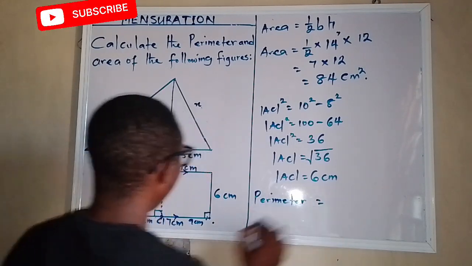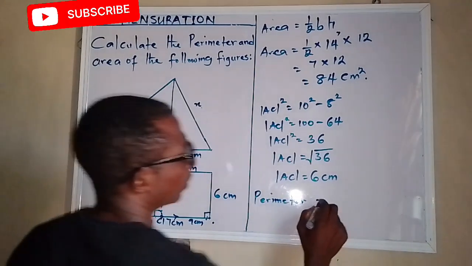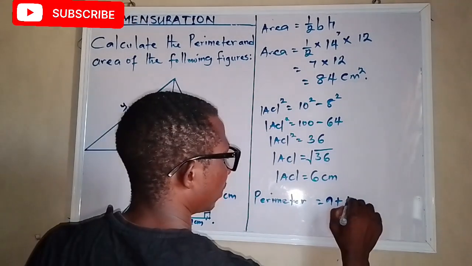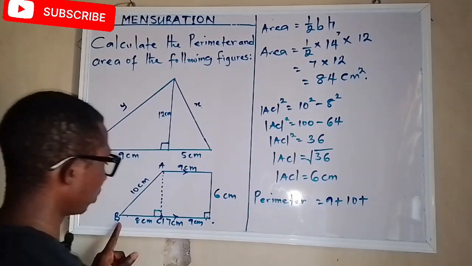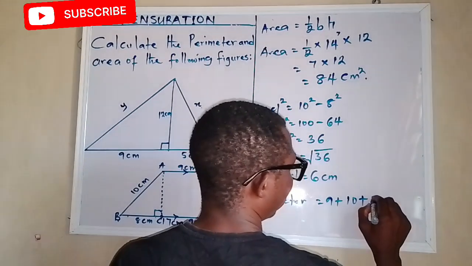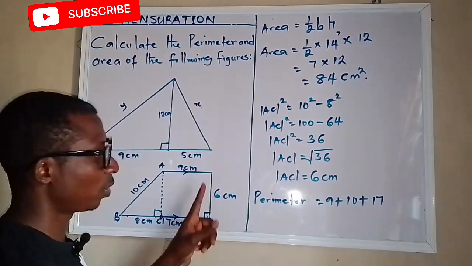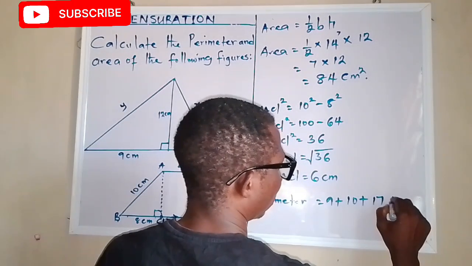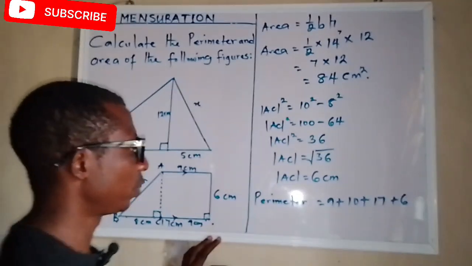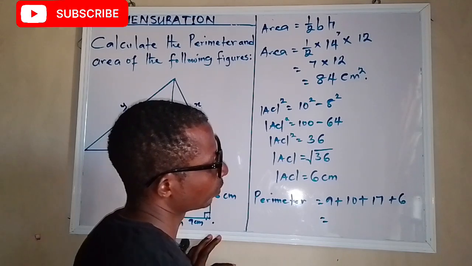The perimeter will now be 9 plus 10 plus everything here is 17 plus 17 plus 6. Okay, so now let's add together.